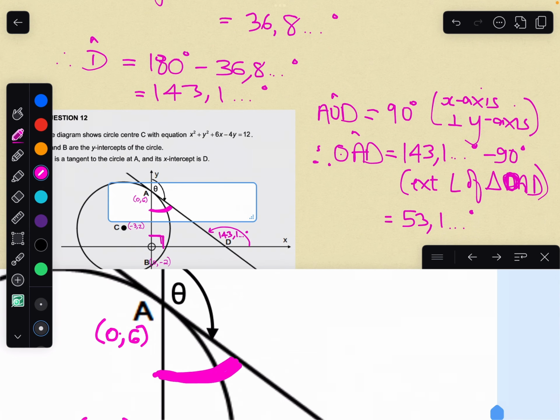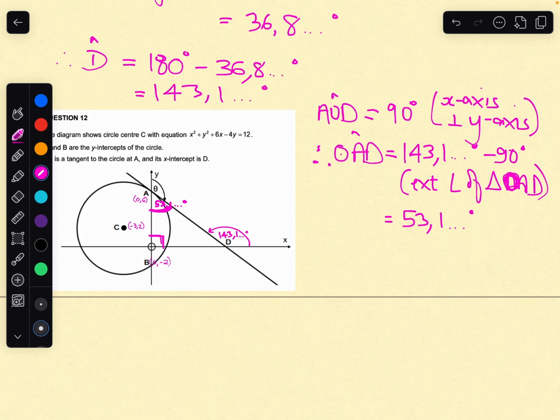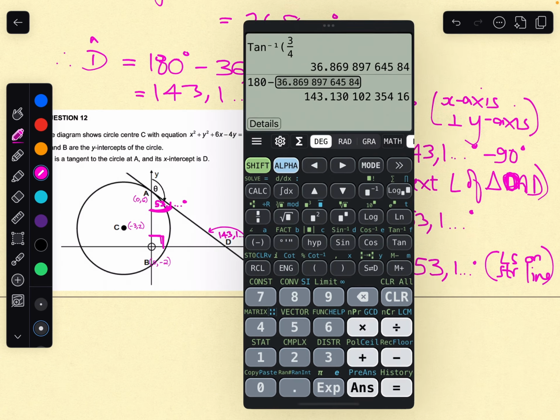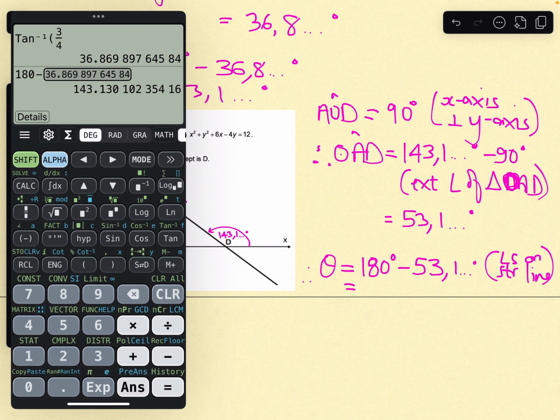And so the size of this angle over here, which is theta, will be 180 degrees minus this, and that's because angles on a straight line add up to 180.